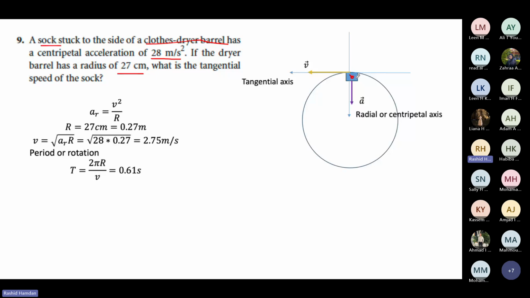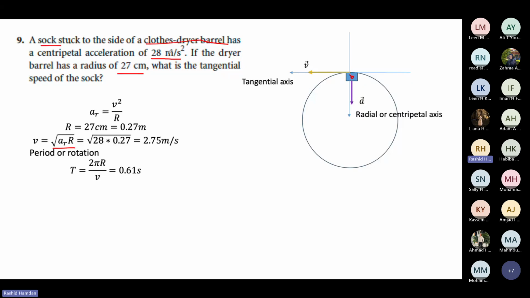So for it to stay inside, the acceleration in magnitude has to be equal to v squared over R. So v is equal to the square root of a_R times R. Of course, pay attention to the units. If I want to get the speed in meters per second, I have to use everything in meters and seconds.